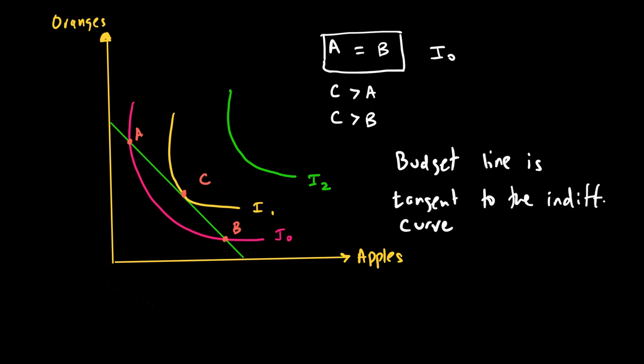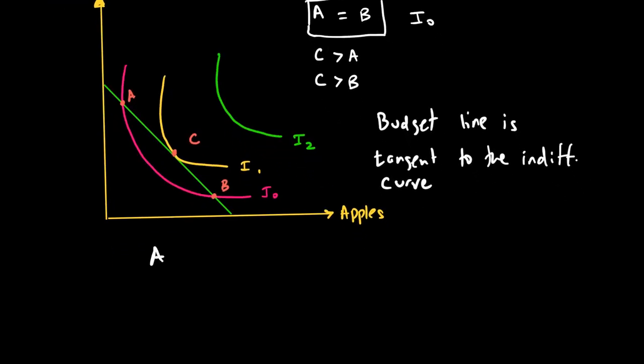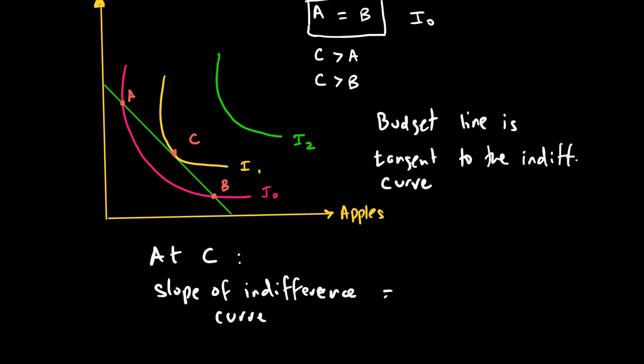Now at point C, what is important to see is that at C the slope of the indifference curve is equal to the slope of the budget line.